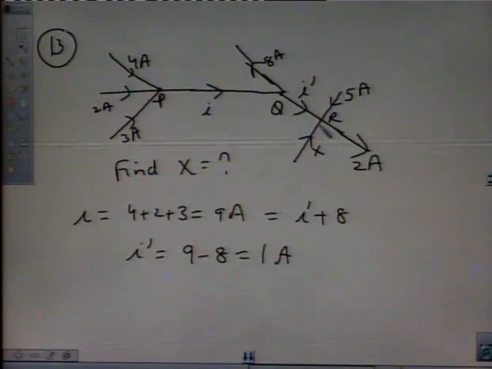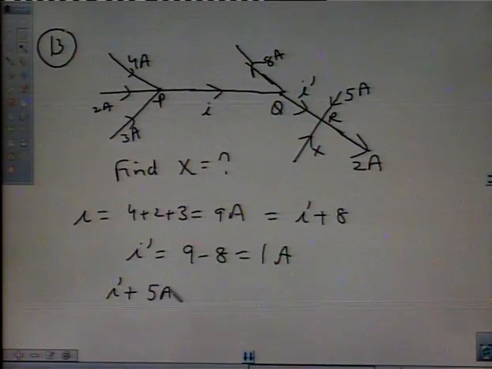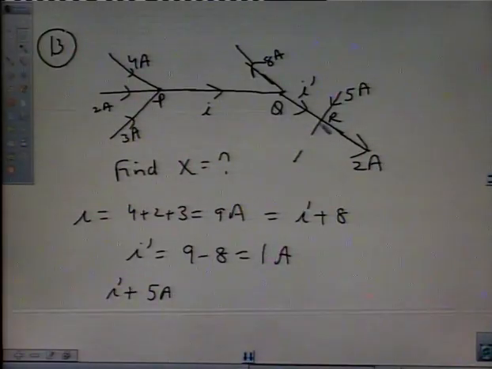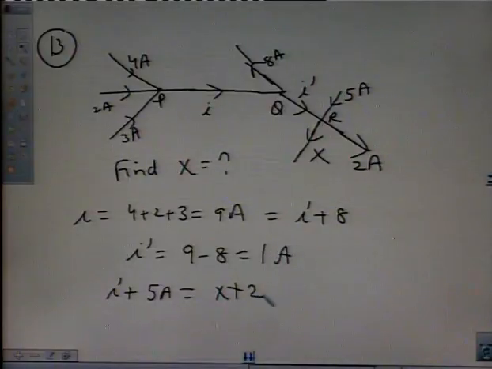At the point R, there are two currents reaching, I dash and 5 ampere current, whereas this current X is leaving the point R. So this is equal to X plus 2.